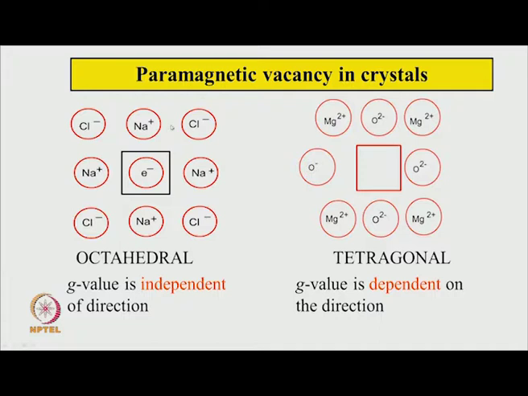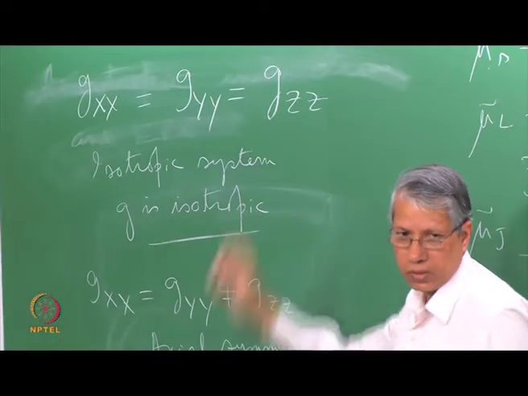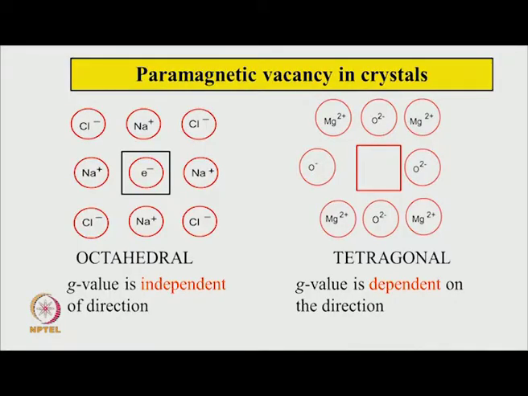Here this belongs to octahedral symmetry. You can see the 4 sodium atoms and the one at the top and the bottom. So, here this is purely octahedral. So, that belongs to the 3 values being the same, and so G value will be isotropic. What is the experimental observation?